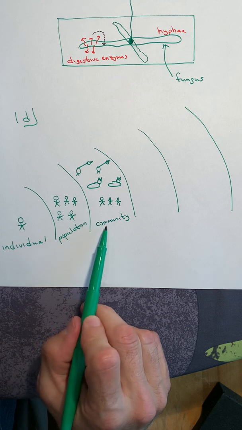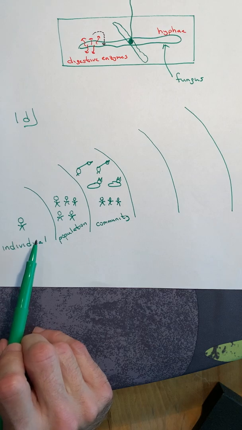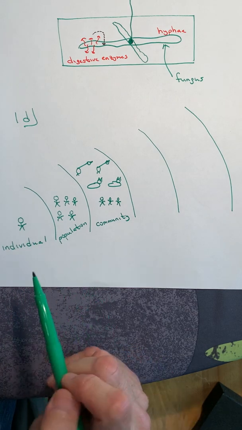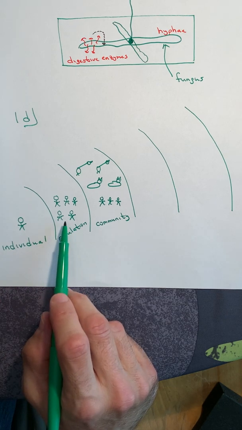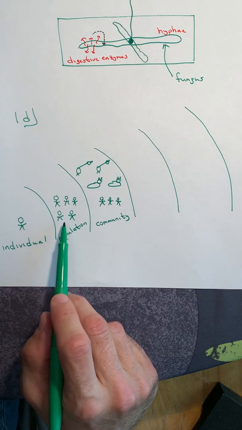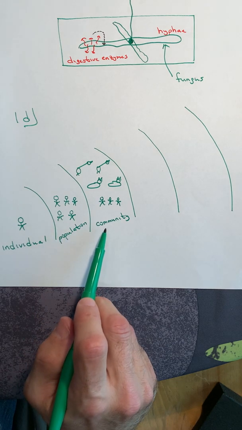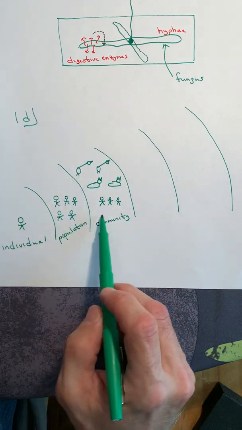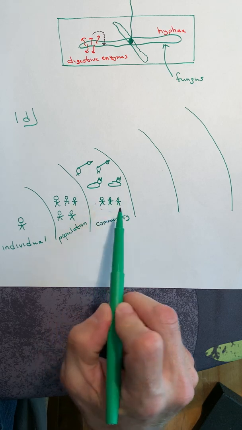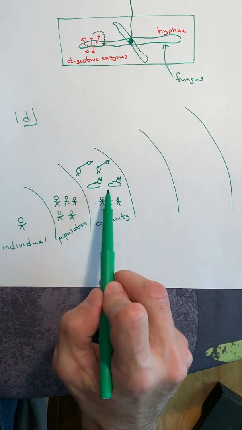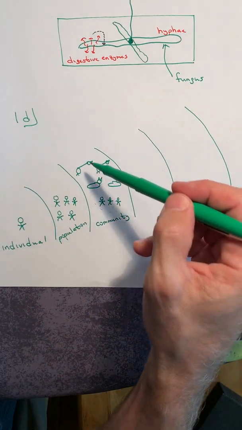So a community is made of populations of different species. If you want to apply this to IB, you are an IBer. You are a population of IB juniors, soon to be IB seniors. And your coordinator always preaches to you about the IB community, because I see you all as one big group, even though you're made of the soon to be IB juniors and the soon to be IB seniors, and then the alumni. So a community is made of different populations.